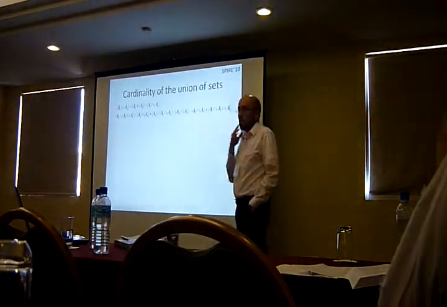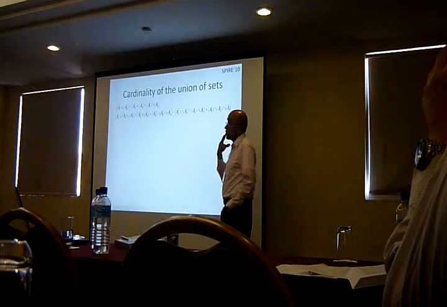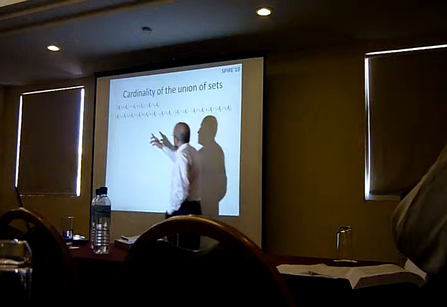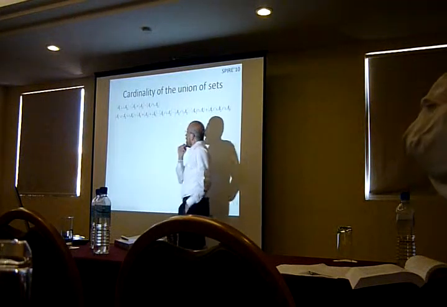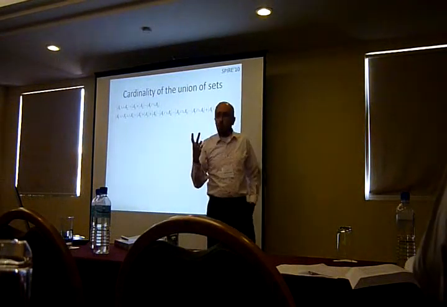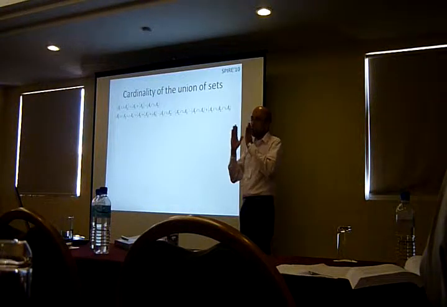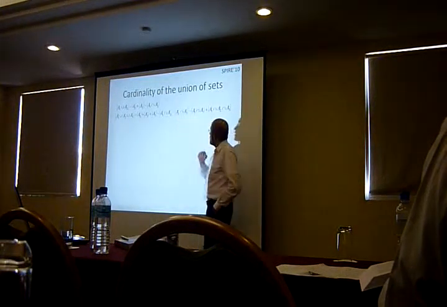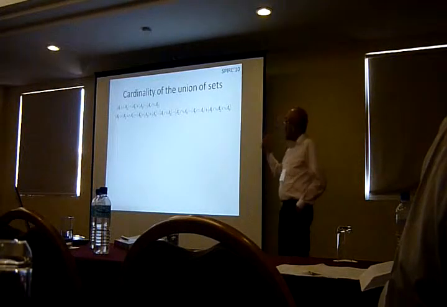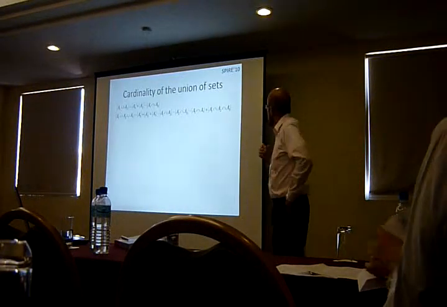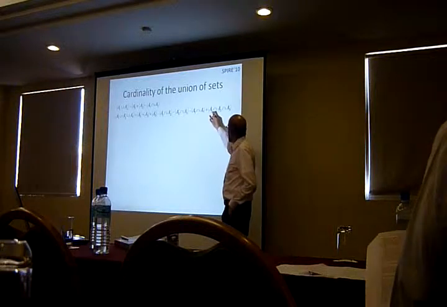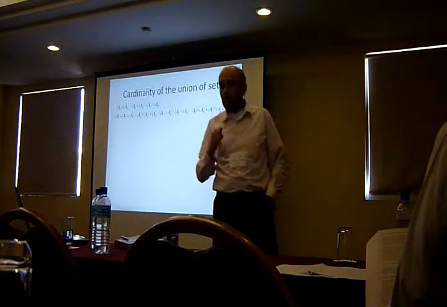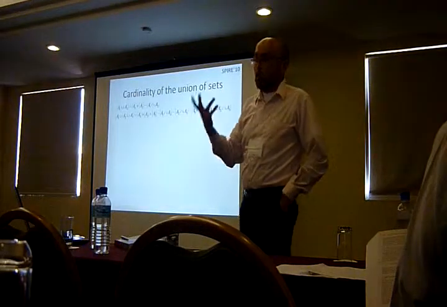Well, that's very easy for two sets. For three sets, it's more tricky. We have to add the cardinality of each set individually, then subtract the cardinality of the intersection of pairs, and add the combination of three, and so on with sets with more elements.